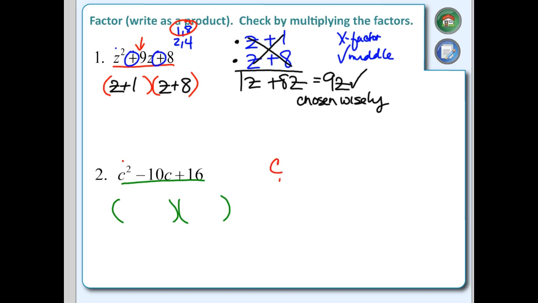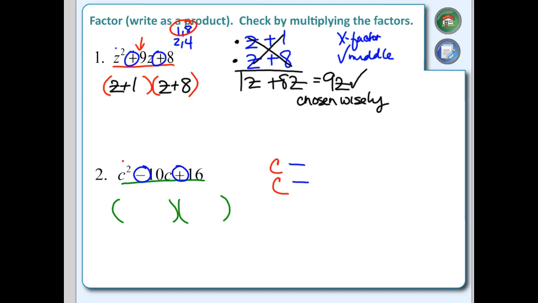Well, we've got c and c. Now, let's look at our signs this time. If you notice, the first one is minus and the second one is plus. And we saw just a couple minutes ago on the template that that means that both of my signs have to be negative. And now we need the factors of 16.